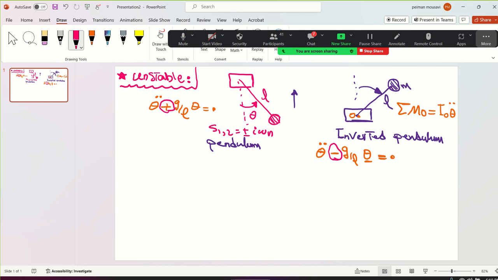But for simplicity again, x is e^(st), and if you put theta double dot, now you know it is s squared e^(st), and you replace here and factor out as we did previously. It is s squared minus g over L is 0. This e^(st) cannot be 0, obviously.